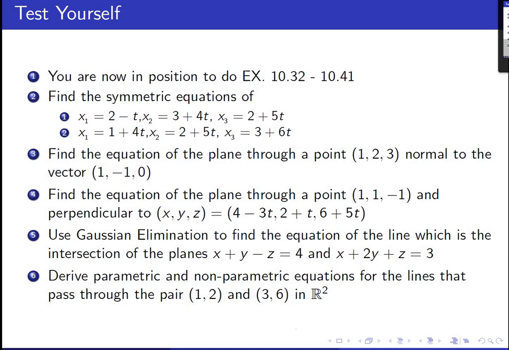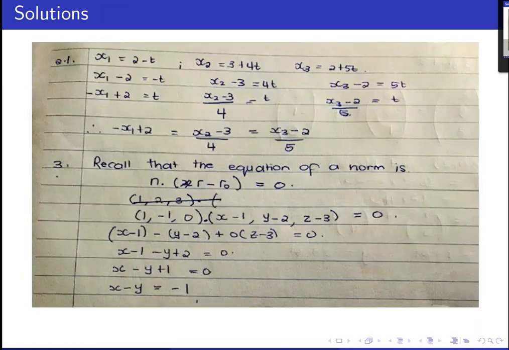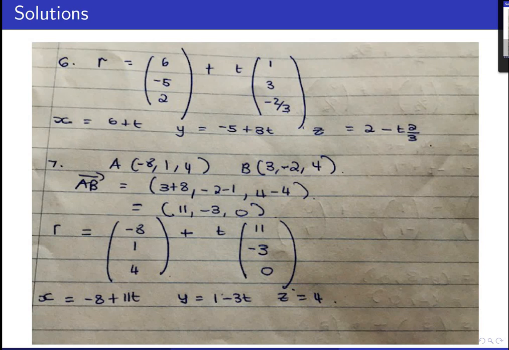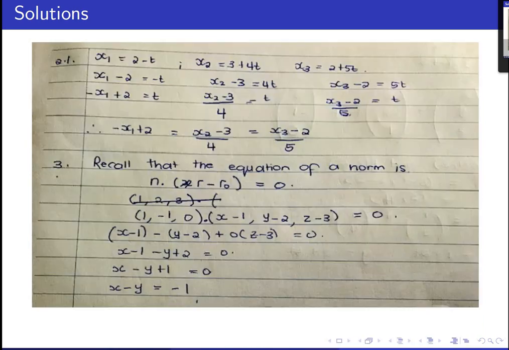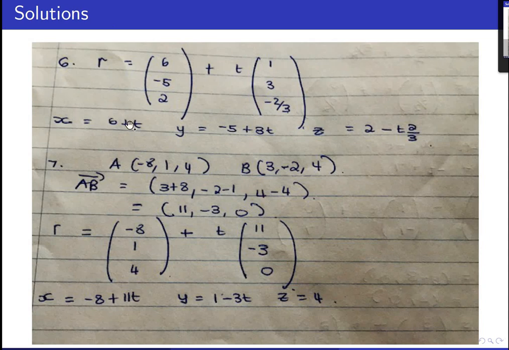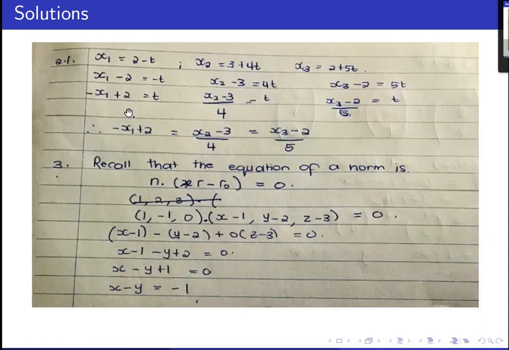So we need to find the symmetric equations of 2.1 and 2.2. I've gone into detail in terms of how you find symmetric equations, and we have done examples on that. For 2.1, ignore the solution here, it's not supposed to be here because we're busy with 2.1.